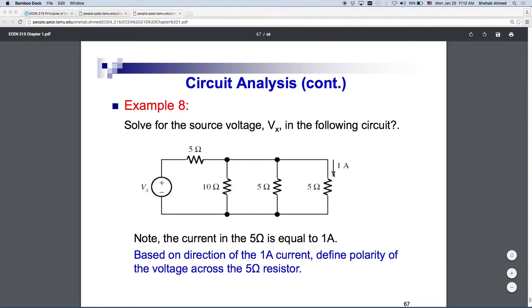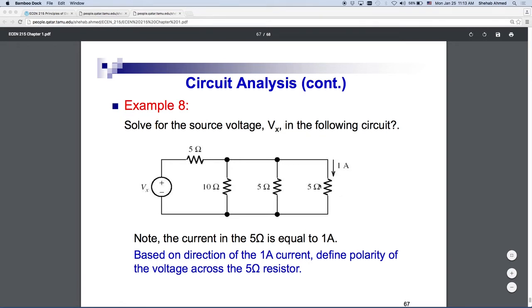So what is the polarity of voltage across the resistor? Positive on top, negative on the bottom. And this and this and this resistor, these are all in parallel, right? They share 2 nodes, since any elements that share 2 nodes are in parallel. That means the voltage polarity and the voltage magnitude across all of these 3 resistors is the same.